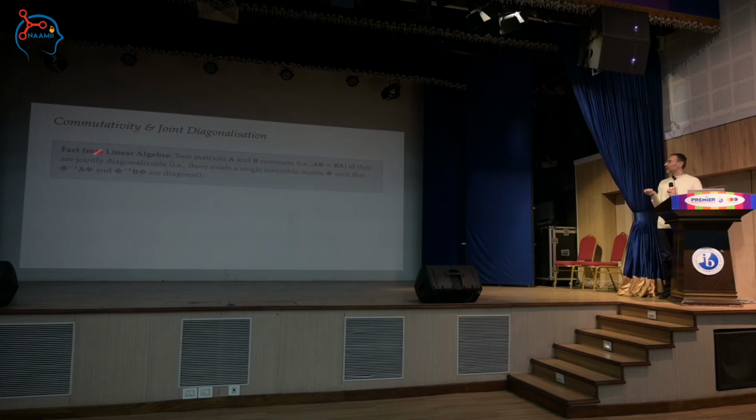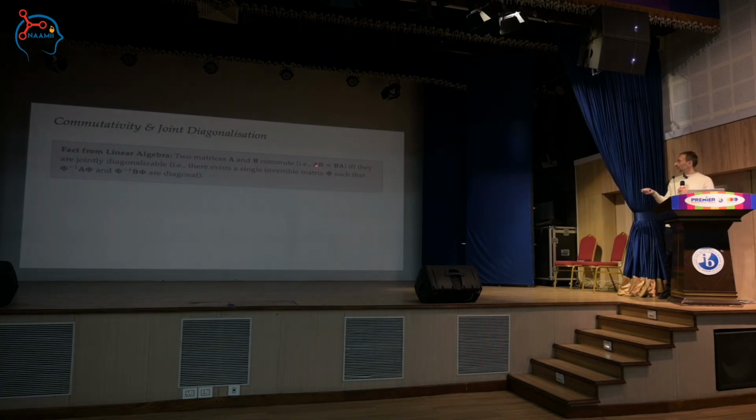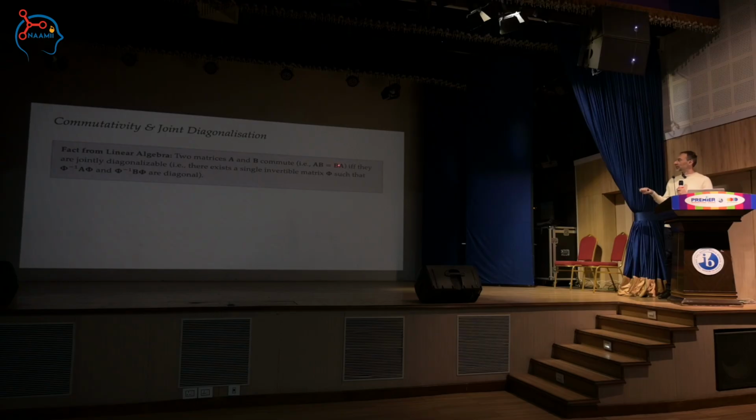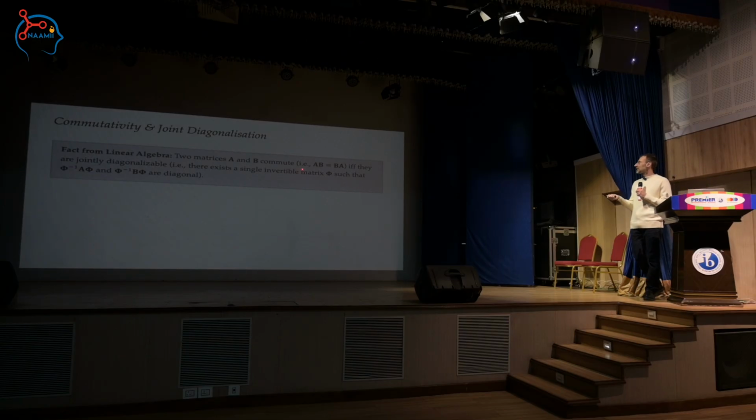So let me remind you of a fact from linear algebra. If we have 2 matrices, A and B, they commute, meaning that AB equals BA, which is in general not the case, but this will be true if and only if they are jointly diagonalizable. It means that there exists an invertible matrix, let's call it phi, such that phi inverse A phi and phi inverse B phi are diagonal.